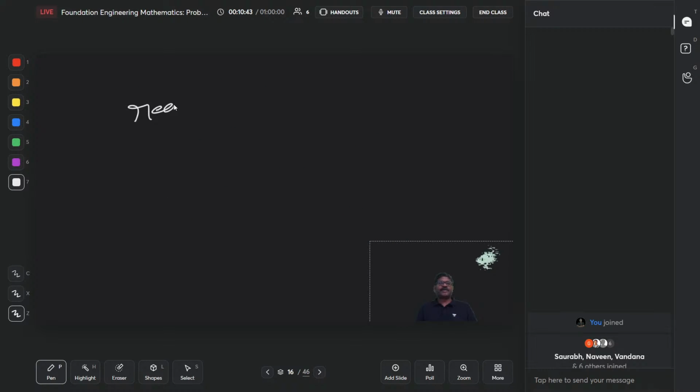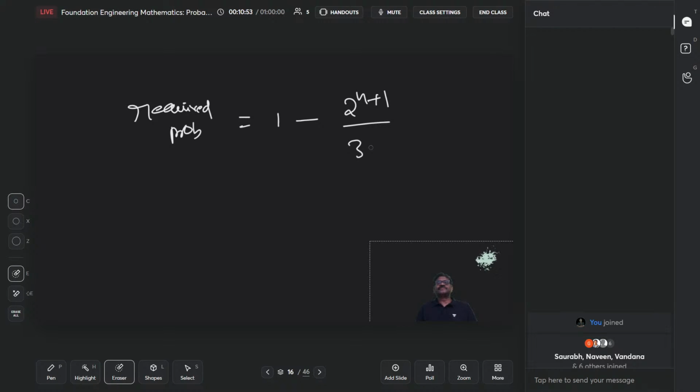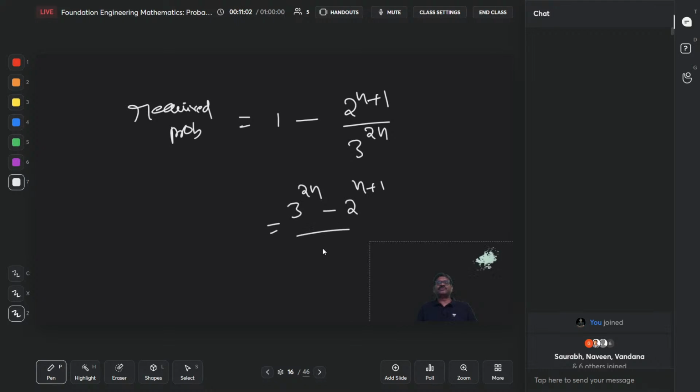So the required probability is 1 minus 2 power n plus 1 by 3 power 2n. That is 3 power 2n minus 2 power n plus 1 by 3 power 2n.